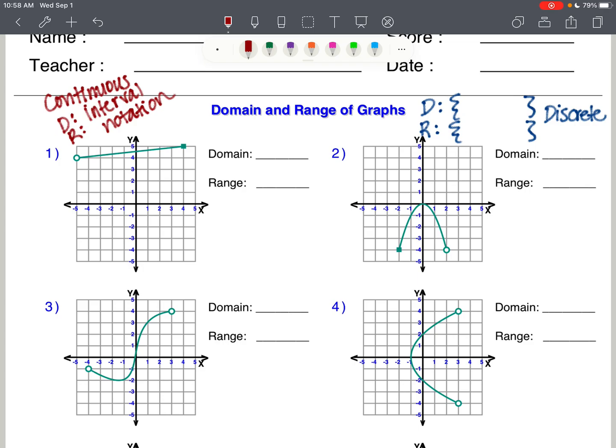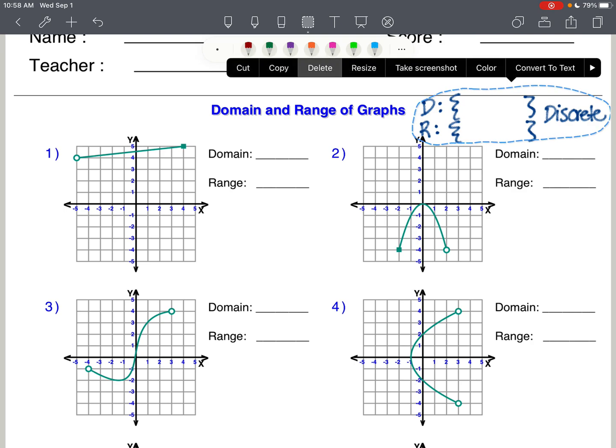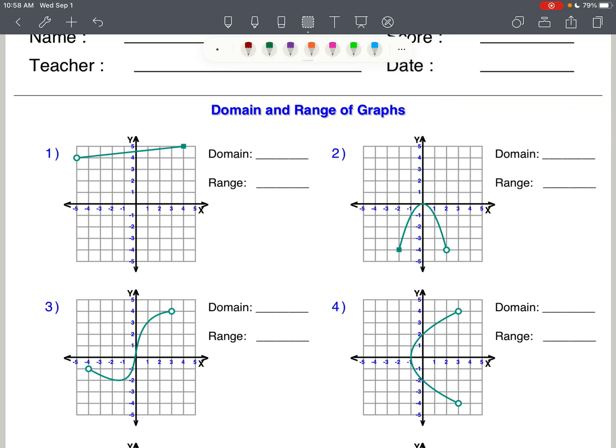I'm going to use 2 colored highlighters to show you our domains and our range for each graph. I'm going to first identify the left end of my domain and the right end of my domain. I know that my domain is going to be separated by a comma, and I'm going to use either a bracket or a parenthesis on the left, and then a bracket or a parenthesis on the right.